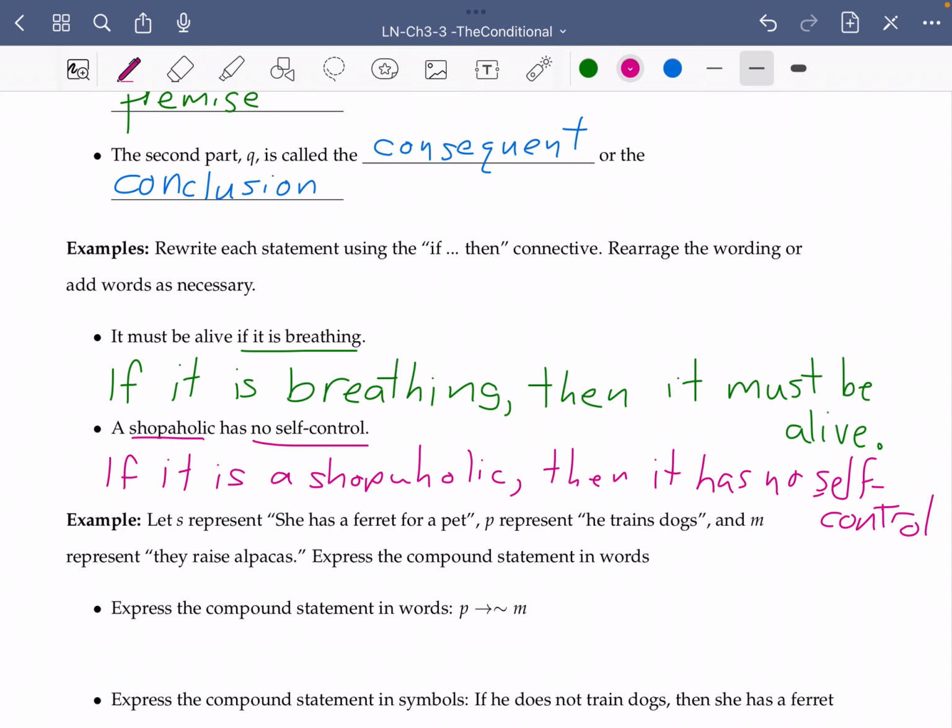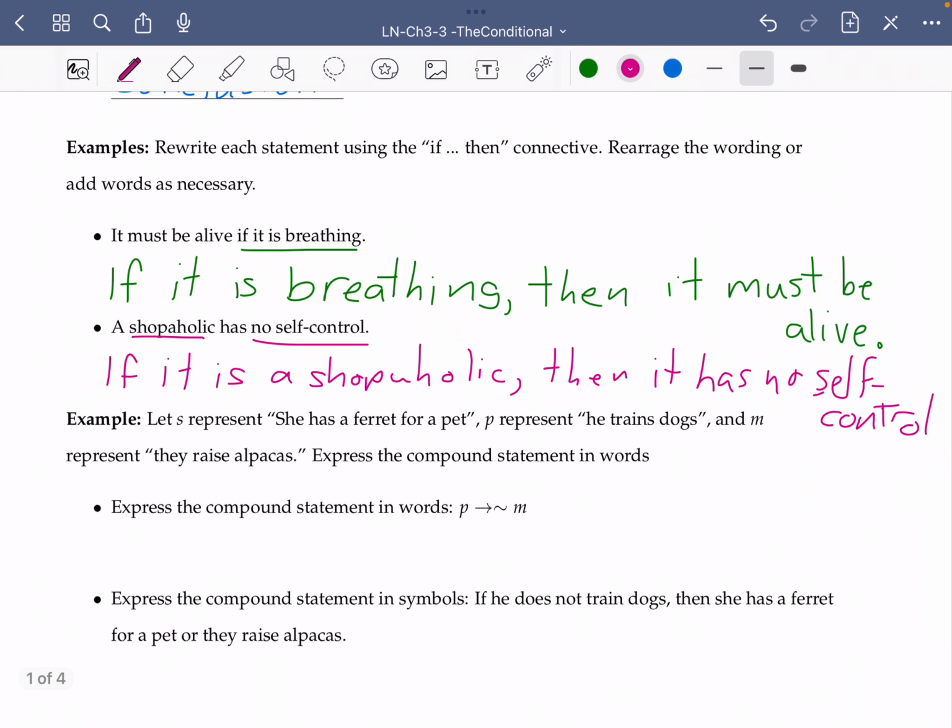If we were to continue this, we can look at symbols, and we can convert from symbols to words and vice versa. So let's look here at a couple examples. Let S represent the statement, she has a ferret for a pet.